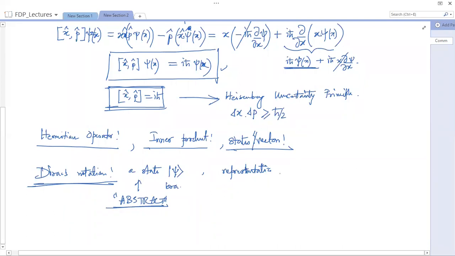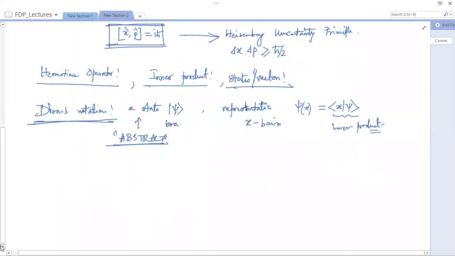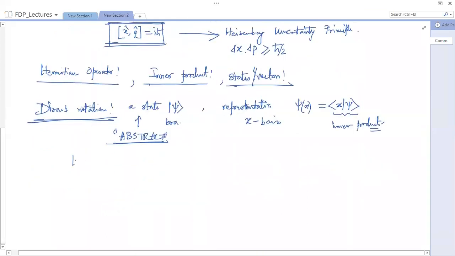Let's say you want to represent this state in the x position basis. Then what you get is the wave function, which is written as <x|psi>, nothing but a kind of inner product. If you have two vectors psi and phi, you form the inner product between psi and phi like this.